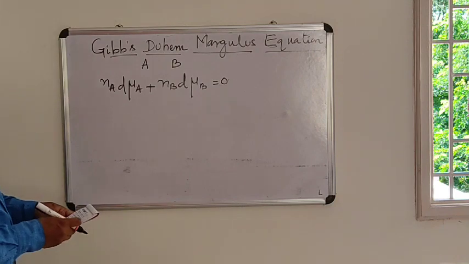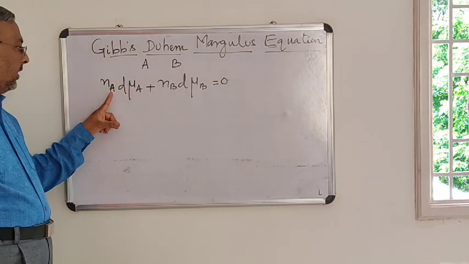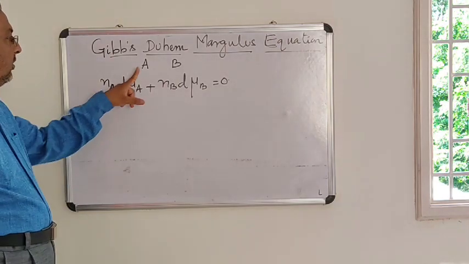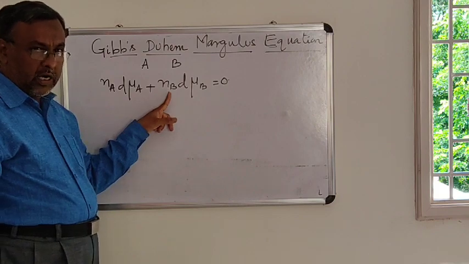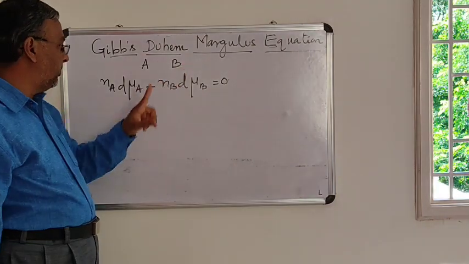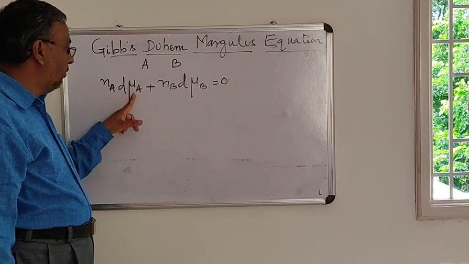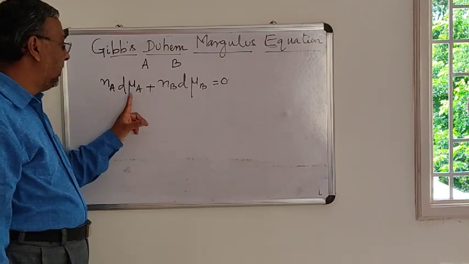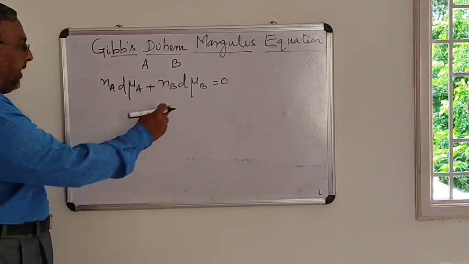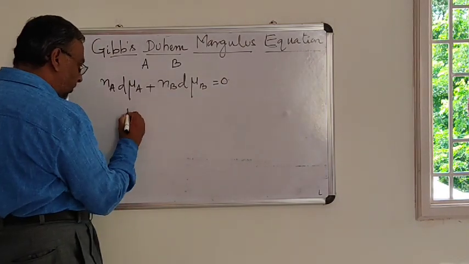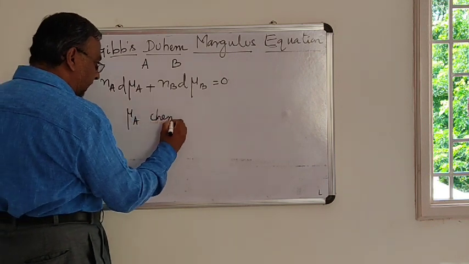What is this Na? Na is the number of moles of component A, Nb is the number of moles of component B. And what is this mu A? Mu A is nothing but the chemical potential, and mu B likewise.